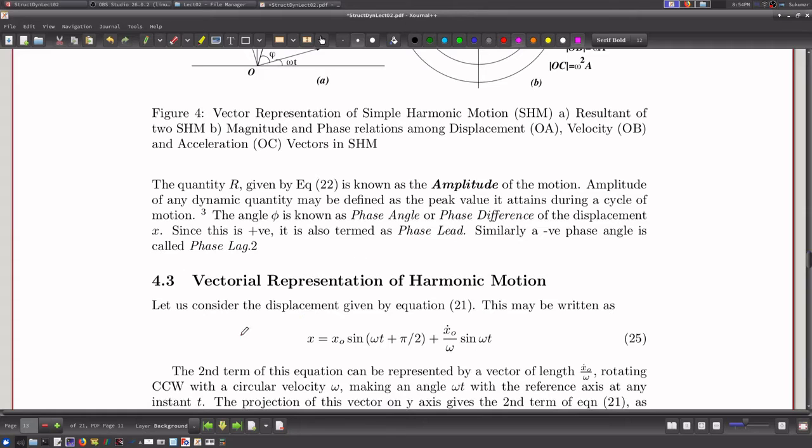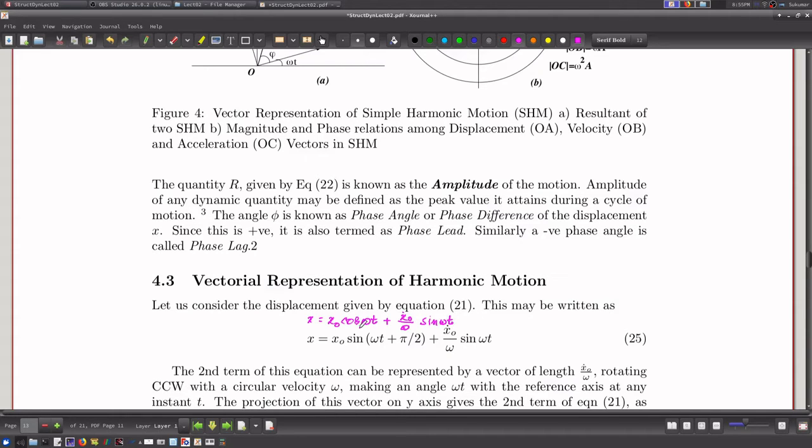We had got x was my x naught cos omega t plus x dot naught by omega sine omega t, right?